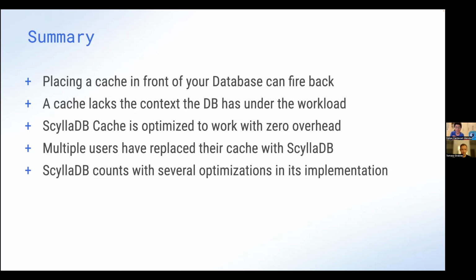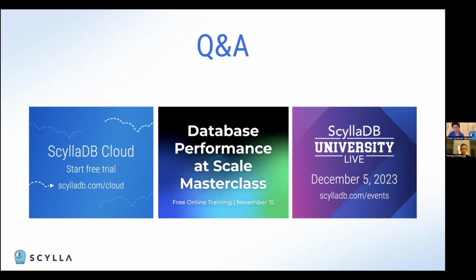We have also seen how the ScyllaDB internal cache works and how and why multiple game changers replaced their external cache with ScyllaDB. Lastly, we walked through some optimizations and features which make our database on par, both from a performance standpoint, but also with feature parity with other competitors. All right? So this brings us to the end of our presentation.